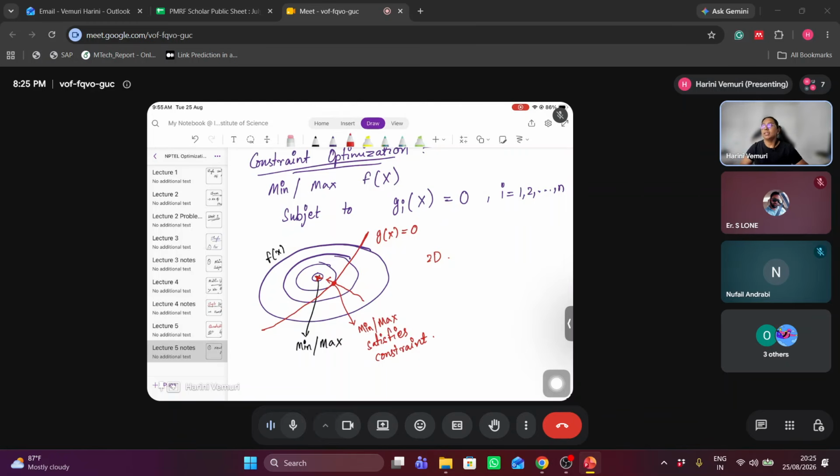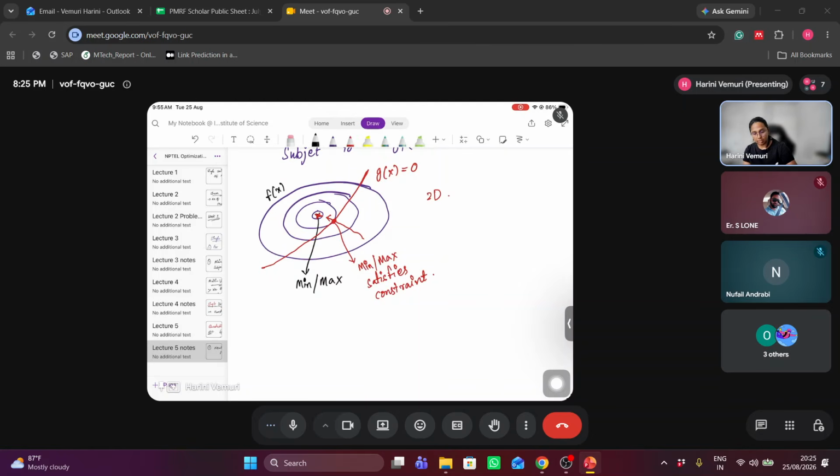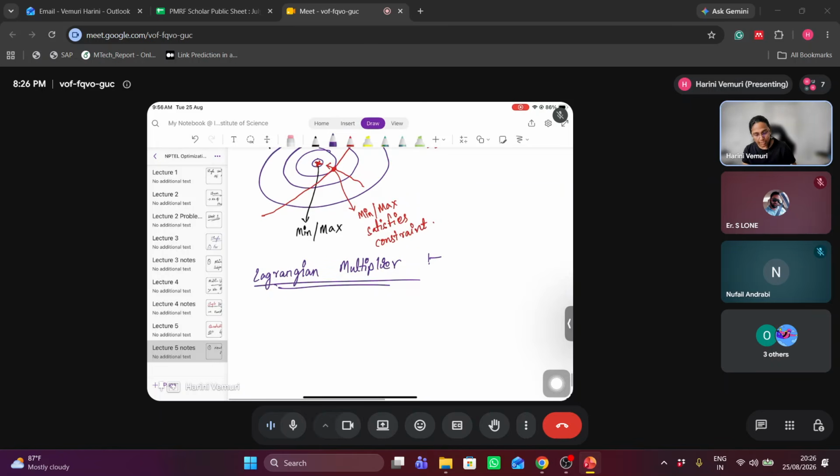Okay, so in that case, we have the Lagrangian multiplier approach that sir has given, if you remember. What we have is minimization or maximization of f of x, and if we have g1 of x equal to 0, this can be capital X or small x.